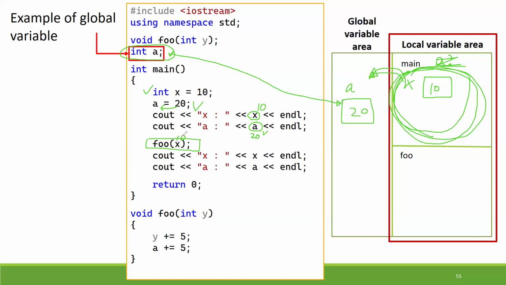X is 10, so 10 will be passed to Y. Y is created in the foo with value 10, right? And then the computer increments Y by 5. Then the computer will see if there is a Y. There is a Y here, right? So the computer will increment this by 5, so it becomes 15. And A is incremented by 5. So at first, the computer will check if there is an A in the local area.